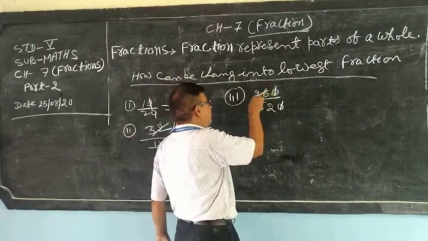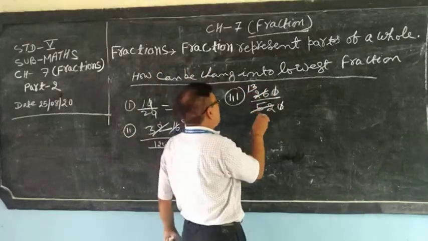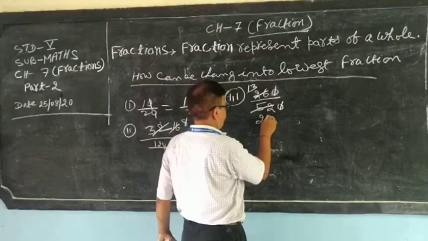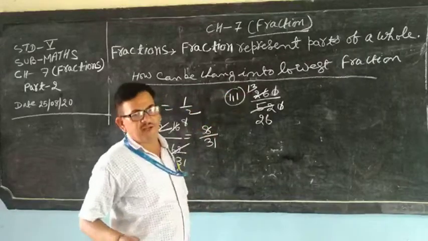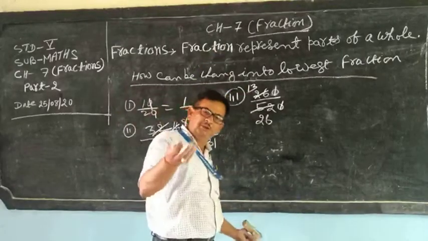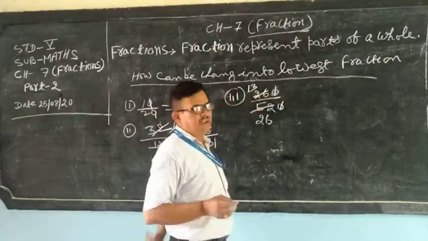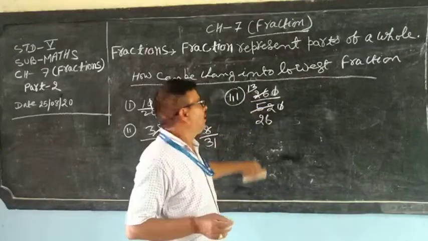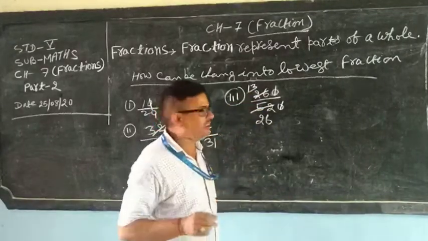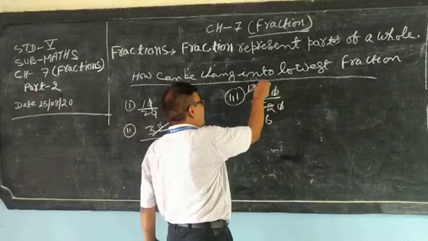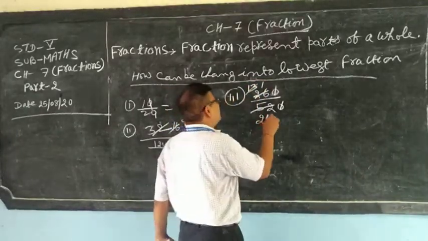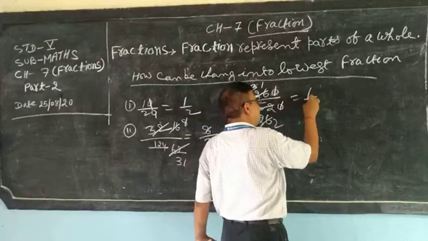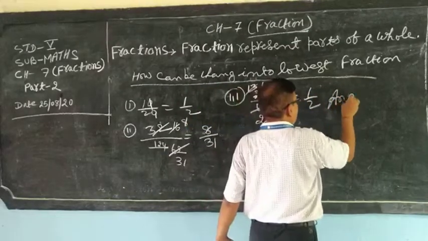So it becomes 13 and 26. Now 13 is not divisible by 2, not divisible by 3. 13 is a prime number, you have studied. So 13 divides by 1 and 13. Then divide 26 by 13, 2 will come. So 1 by 2 is your answer.